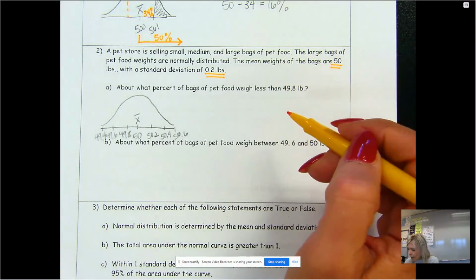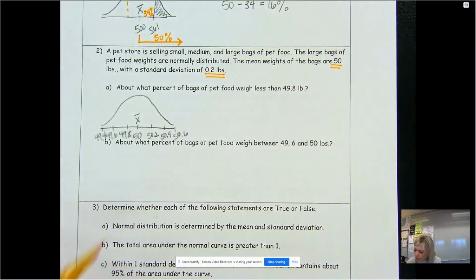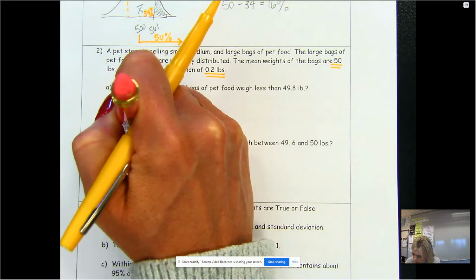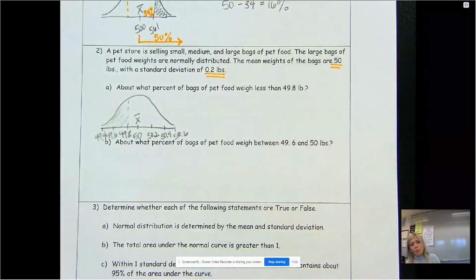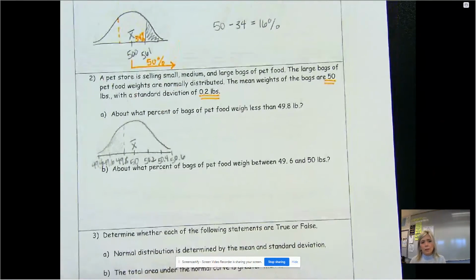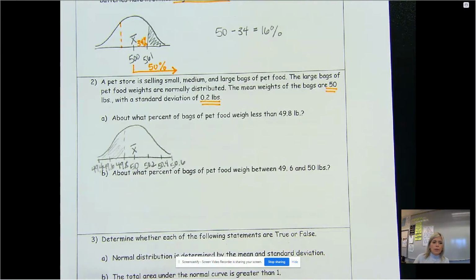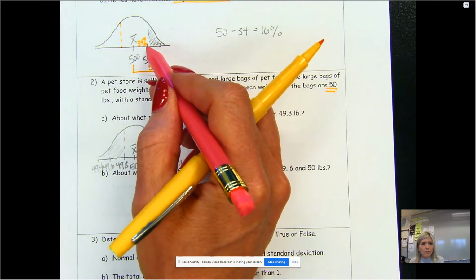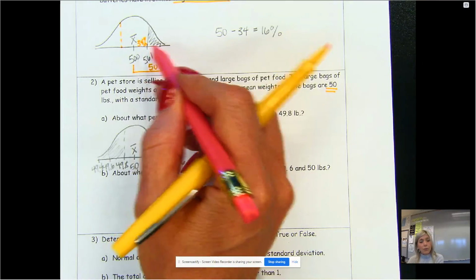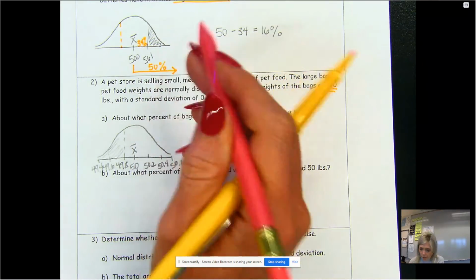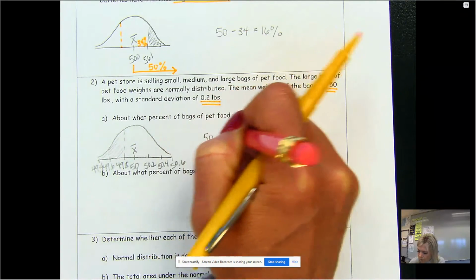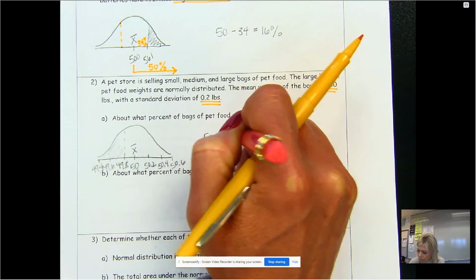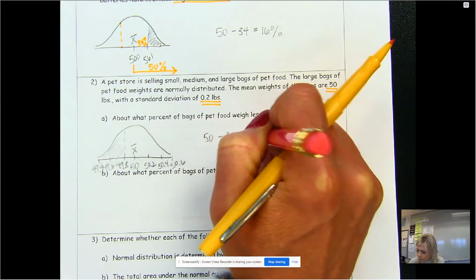So less than 49.8 pounds. 49.8 is right here, and we want to know this area. Well, this is one standard deviation below the mean and then lower than that. Whereas the previous one was one standard deviation above the mean and greater than that. They're symmetric. So this one's also 50 minus 34, which is 16%.